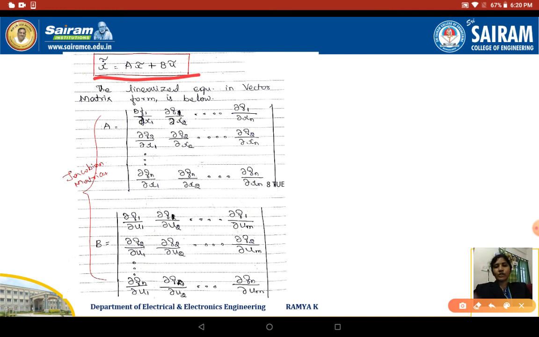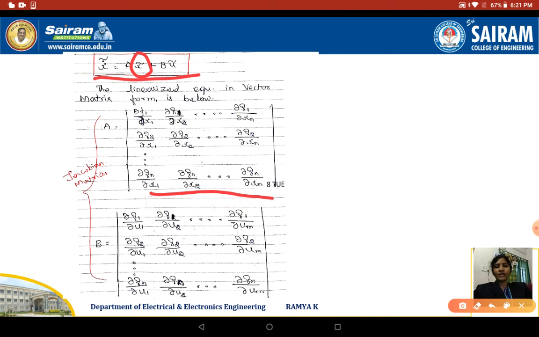A is a function of x, so it is a function of the partial derivatives with respect to x1, x2, x3, x4, and so on till xn. Similarly, we have n state variables, so we can write it as ∂fn/∂x1, ∂fn/∂x2, and ∂fn/∂xn.